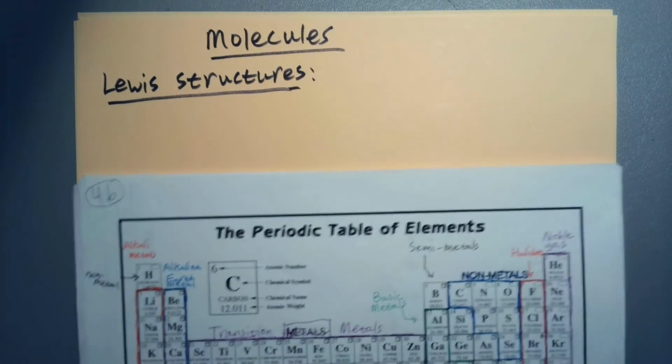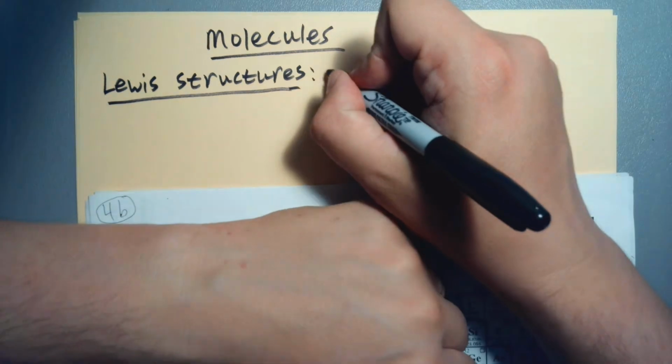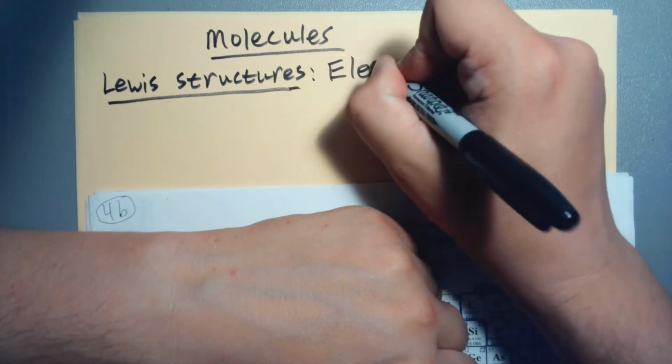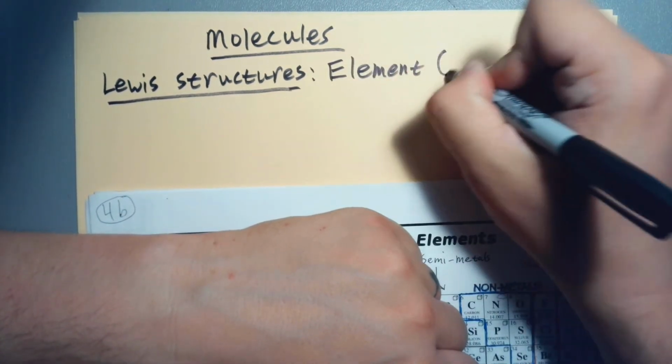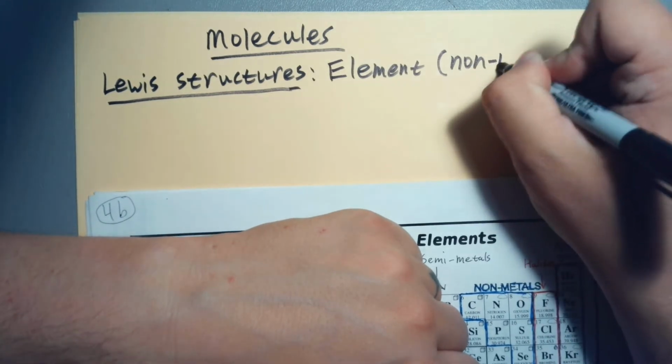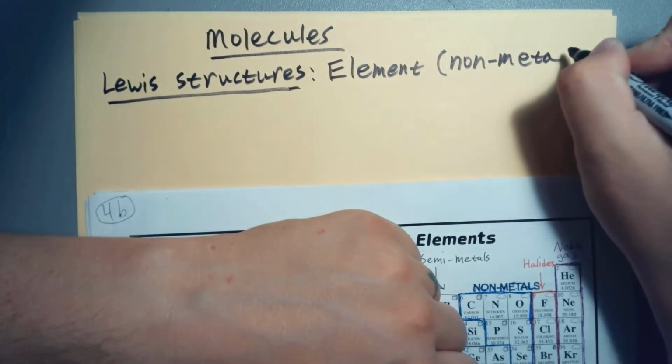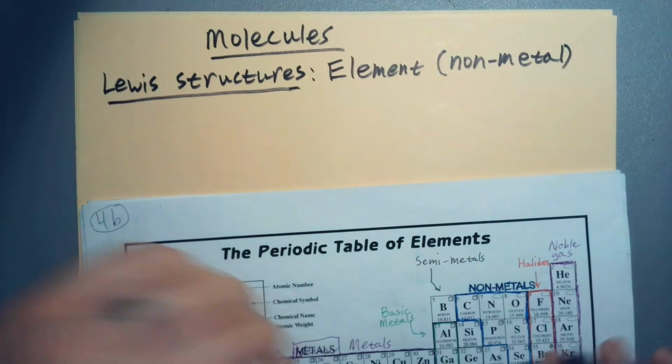Now the first thing to remember is that an element, specifically a non-metal element, right? If it's a metal, we're not getting a molecule. We're getting an ionic compound.